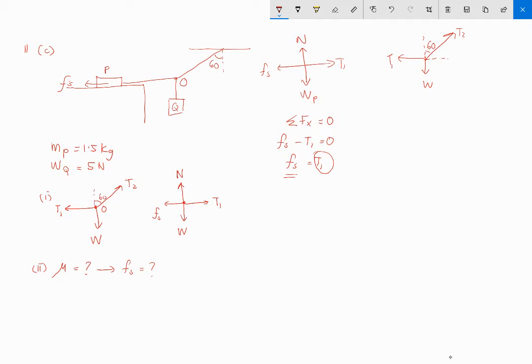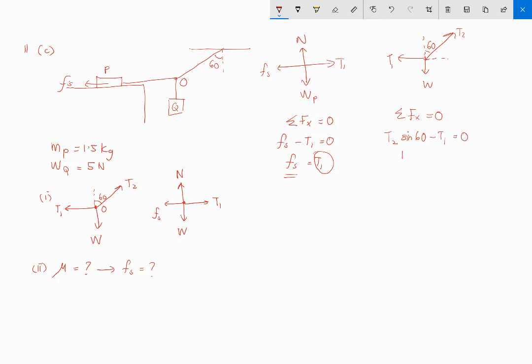Right, this one 60 degrees. Okay, selang-seling. Okay, so daripada free body diagram ni, so now we're gonna do summation of Fx equals to 0. Okay, berdasarkan free body diagram yang dekat atas ni, so what we're gonna have is T2 sin 60 minus with T1 equals to 0.